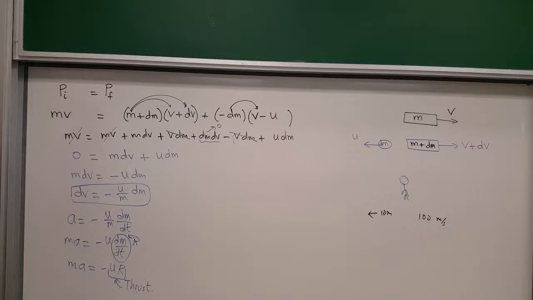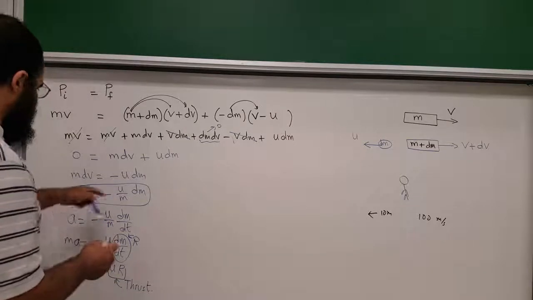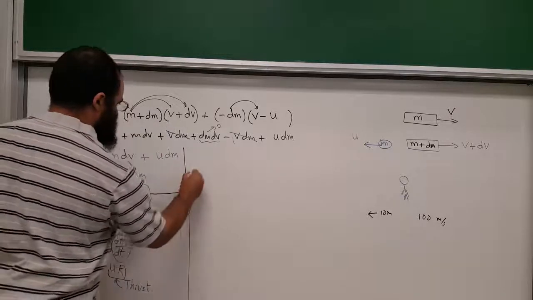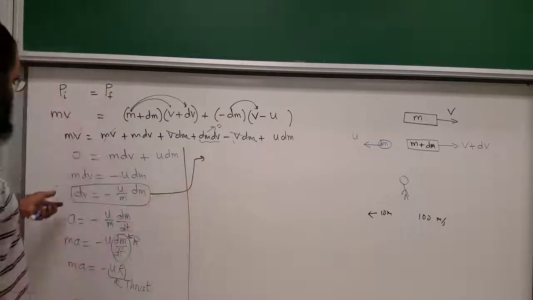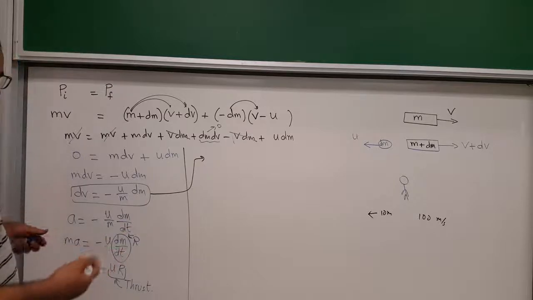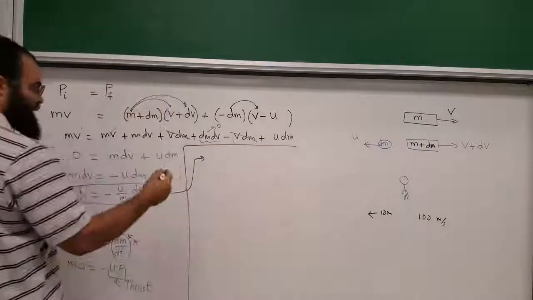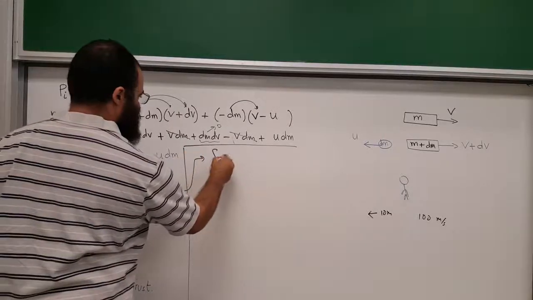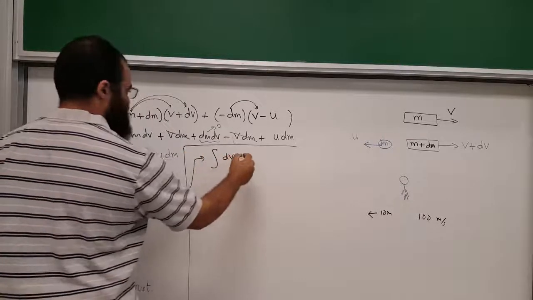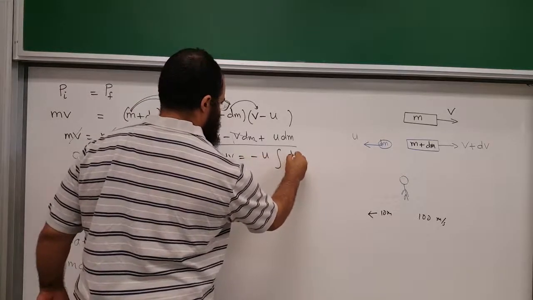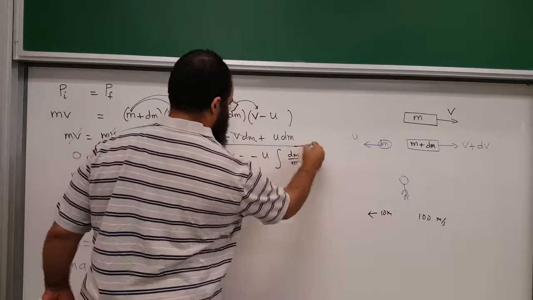All right. So let's come back to this. We would like to figure out what v is later. Let's just use this one here. Let's say the rocket started at 0, and I want to know what the speed is at later times. So I will integrate both sides. So I have dv equals negative u, the integral of dm over m.